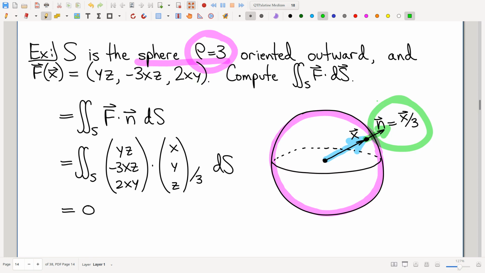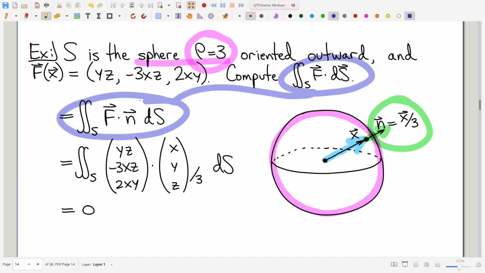Okay. Now, who cares? How does this actually help us? Maybe not, to be totally honest. I mean, the flux, I can rewrite flux like this, and then I can plug in my little conclusion here that the orientation unit normal vector is xyz over 3. Plug that in.